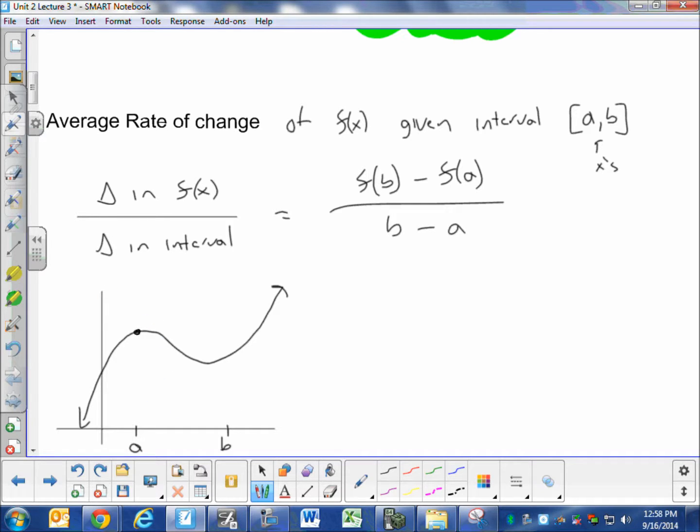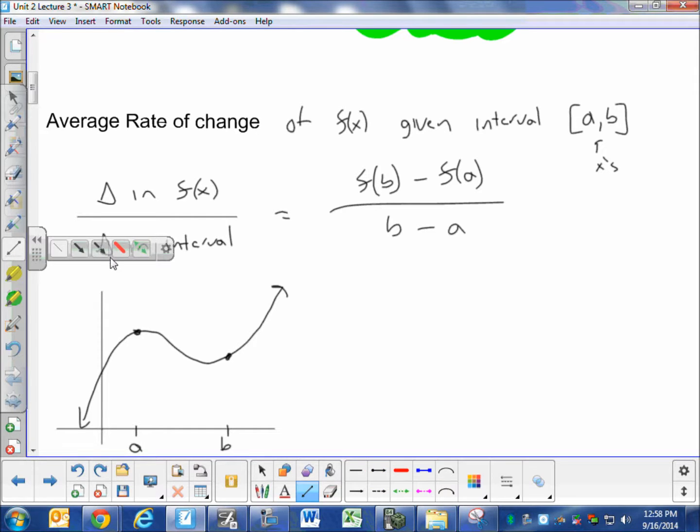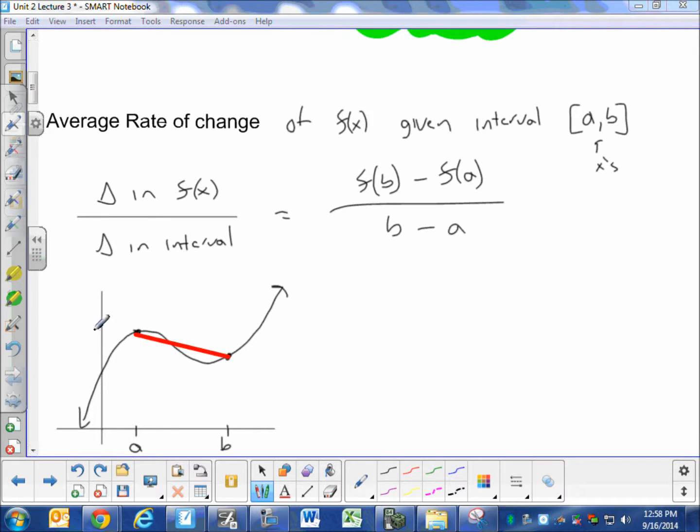Well, all I need to do is create a line from a to b. And if I find the slope of that line, that would represent the average rate of change of my function over that interval.